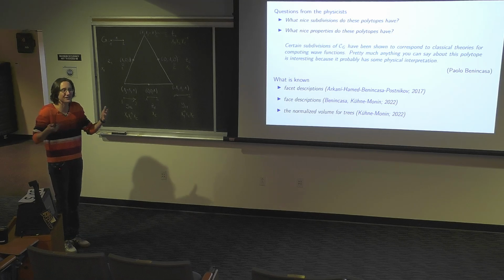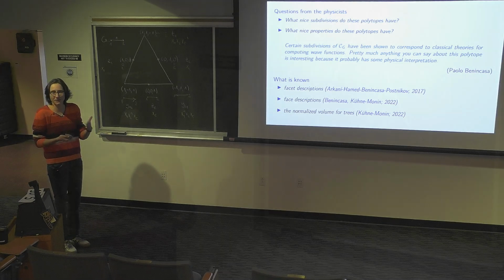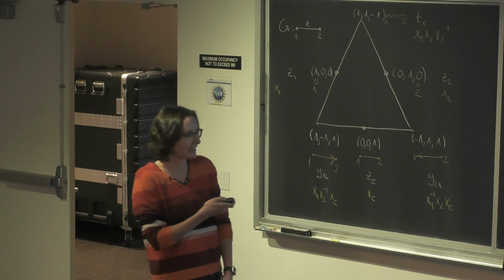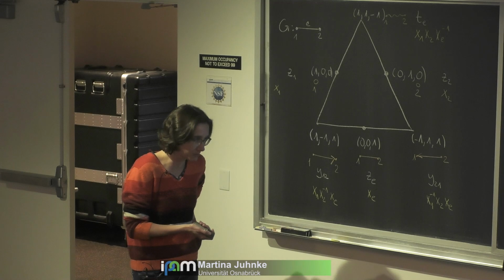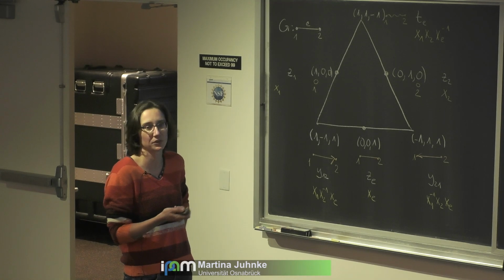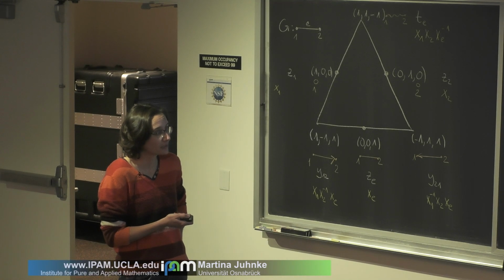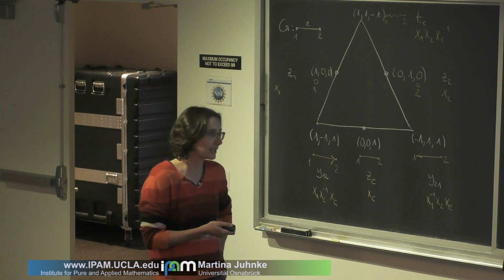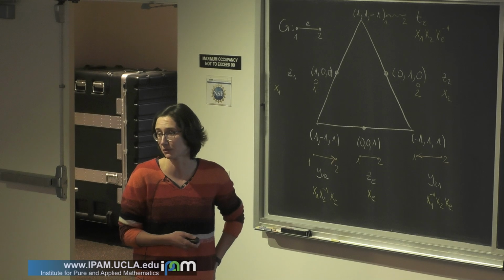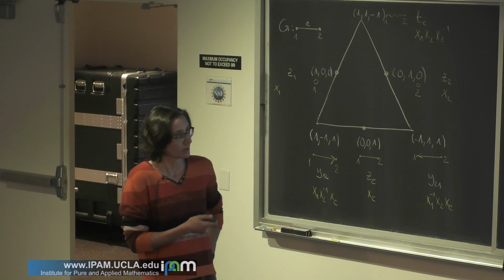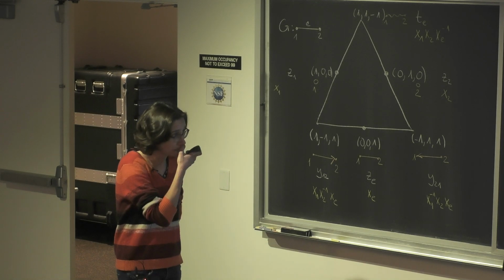I mean, it's not written as a mathematician would write it. But nevertheless, it's a great paper. And then later on, there was the face description provided by Benincasa and Gröbner in 2 different papers. And in the same paper, they could also compute the normalized volume in the case that the underlying graph is a tree.